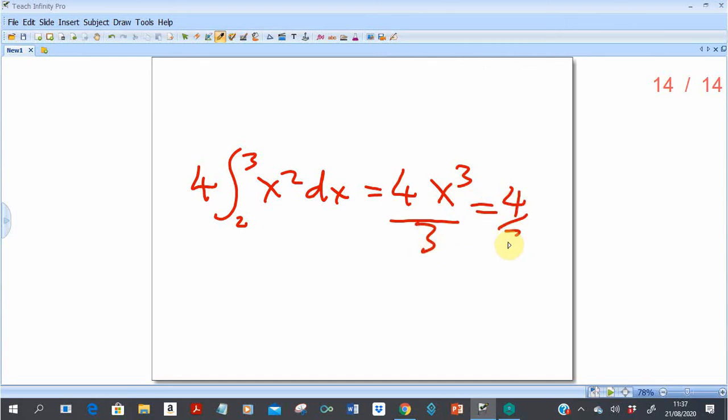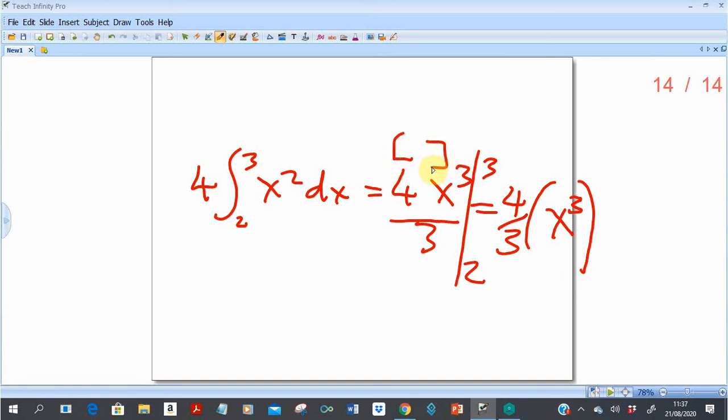Actually, we need to put the limits as well. Sometimes I'm putting the slash, sometimes the square brackets. All those can be used to put the limits.